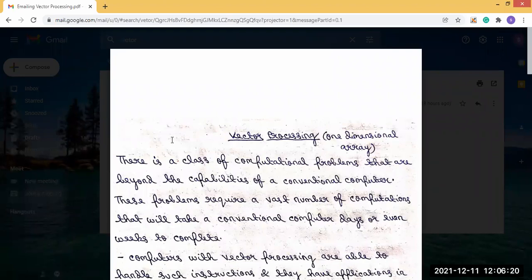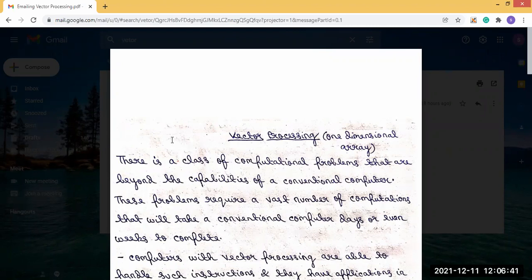Sometimes a large number of calculations is required, and this is beyond the capability of our normal conventional computer.